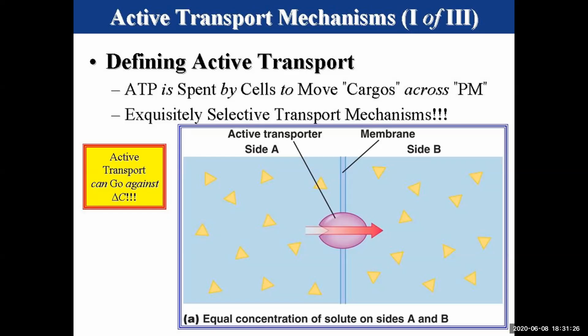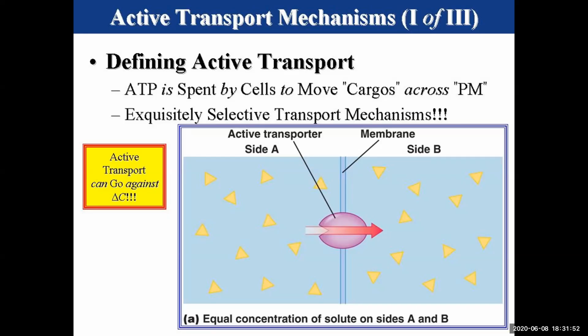It has a stronger say, if you will, of what comes in and what goes out of the cell across the plasma membrane. And the driving force here on the active transport mechanism is cellular energy. The driving force is ATP.